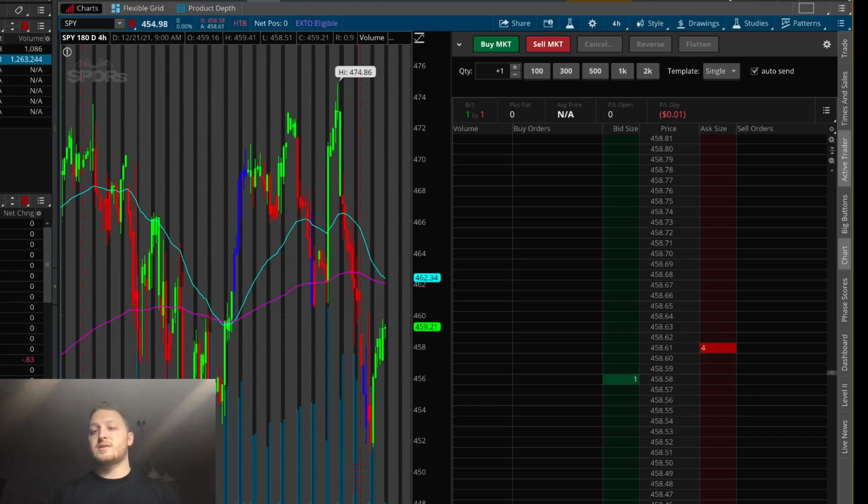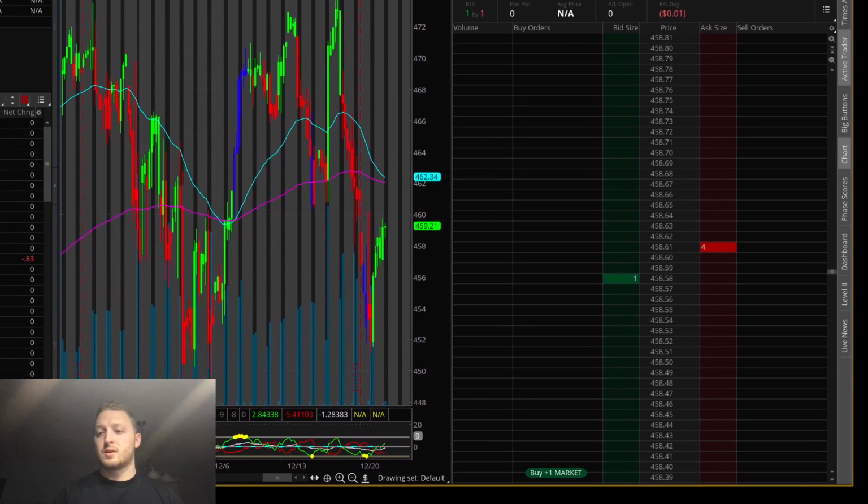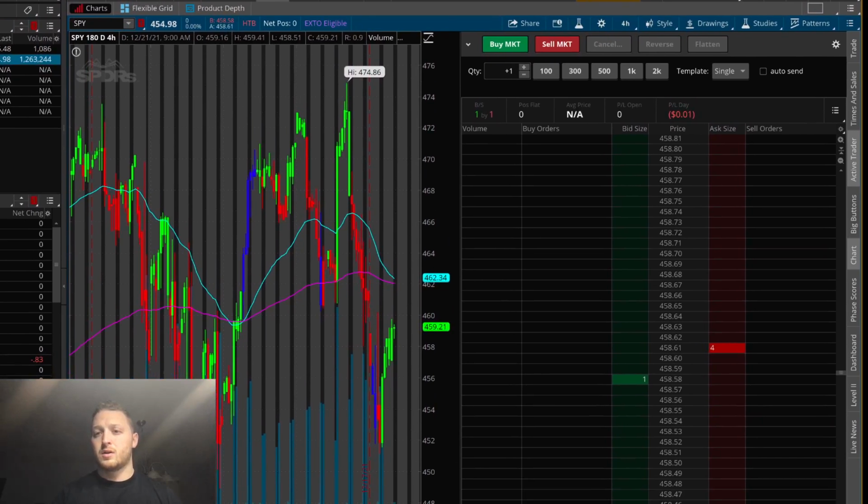This is on the active trader for Thinkorswim, and make sure you have auto send on. If you don't have auto send, when you click buy market, another window pops up, which isn't showing on the recording, and asks you if you want to buy it.